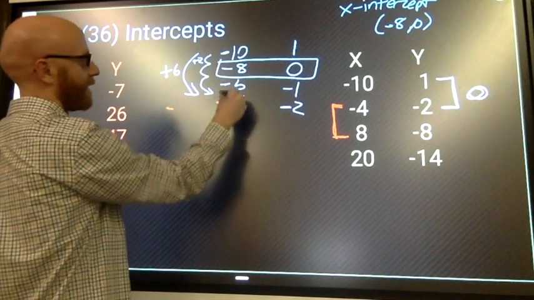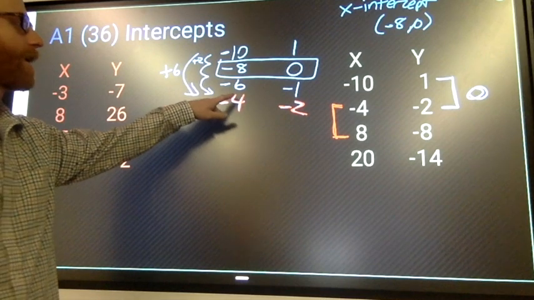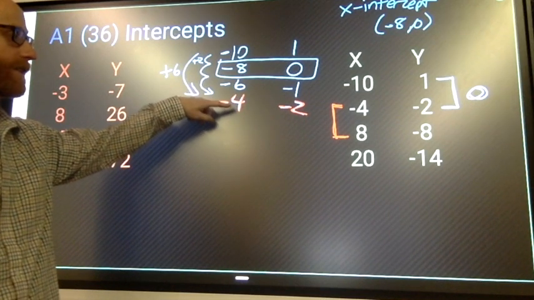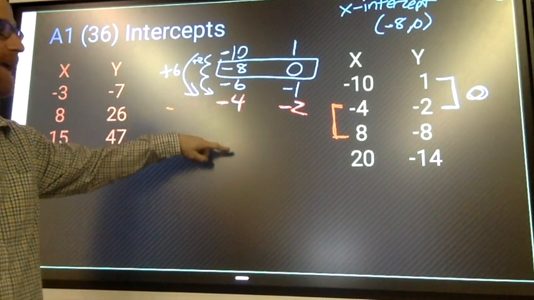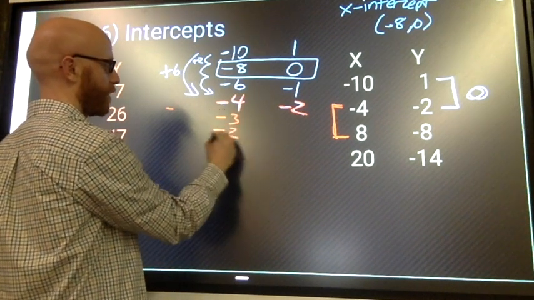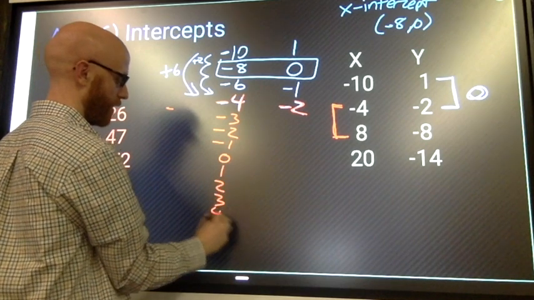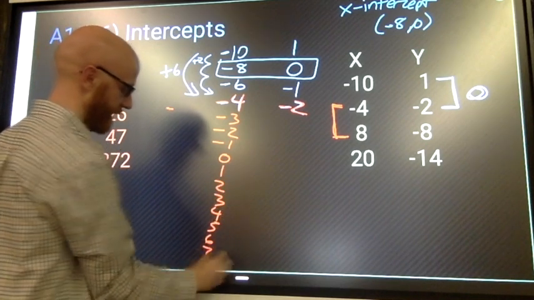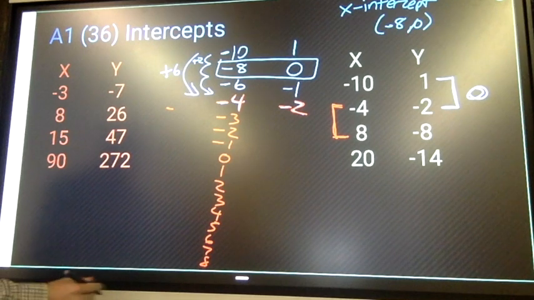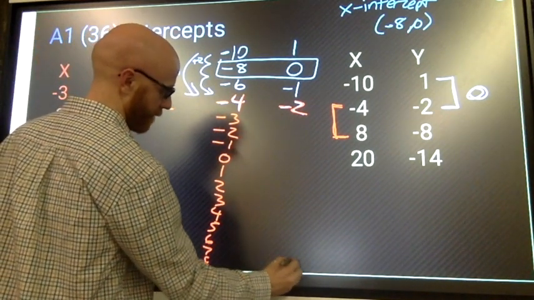Starting at -4, -2, I'm going to count up by ones in the x column. So -4, -3, -2, -1, 0, 1, 2, 3, 4, 5, 6, 7, 8. Okay, 8, -8 over here.